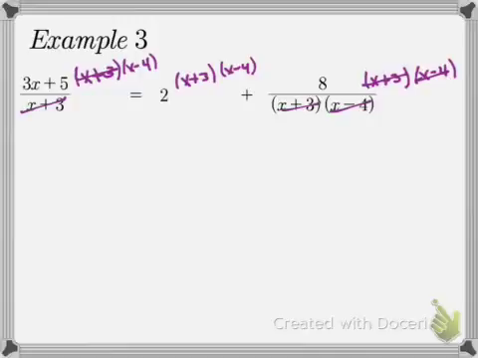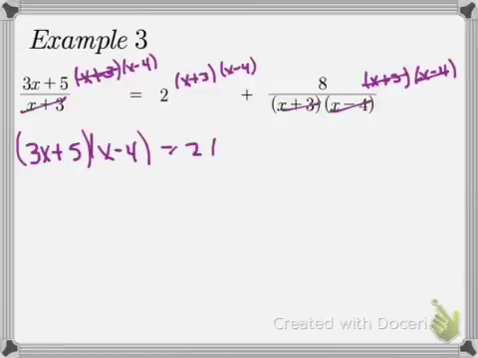Alright, so to kind of wrap this up, what you have is 3x plus 5 multiplied by x minus 4, and you have 2 times x plus 3 and x minus 4, and then you have that plus 8 at the end.